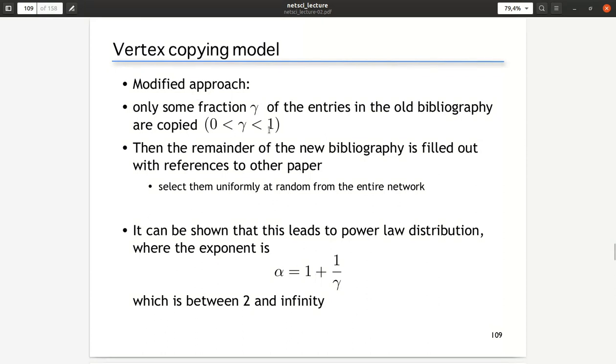In fact, if it's 1, then we get back the same problem that the new papers will never be cited. So alpha is something between 2 and infinity. Note that by this model we can generate such a power law degree distribution network in which the alpha parameter can be set between 2 and infinity.